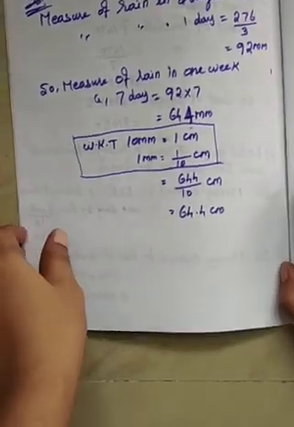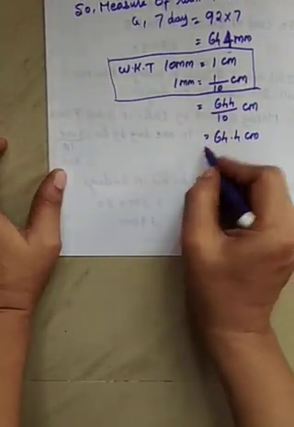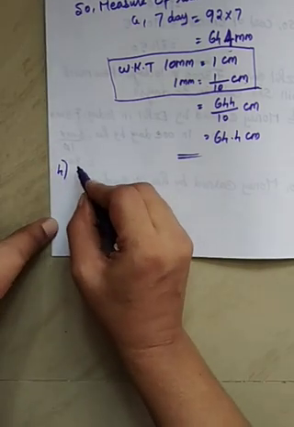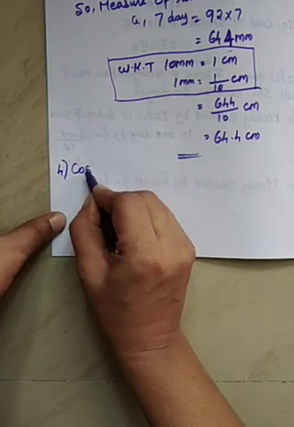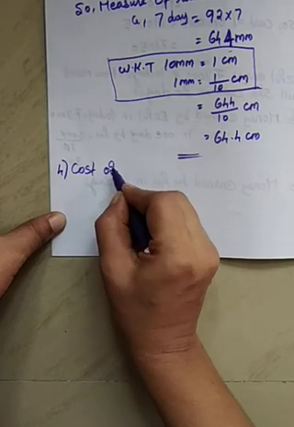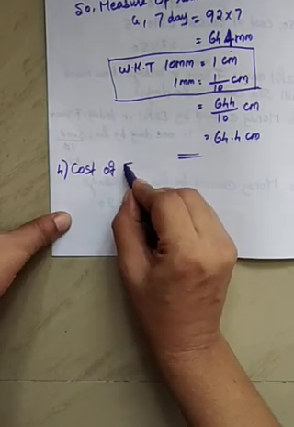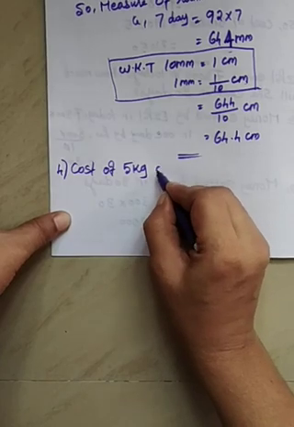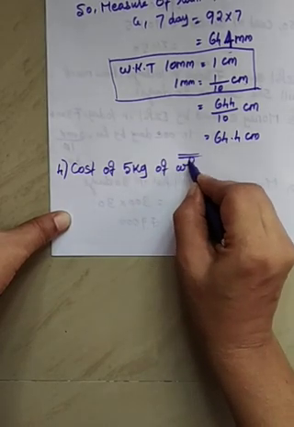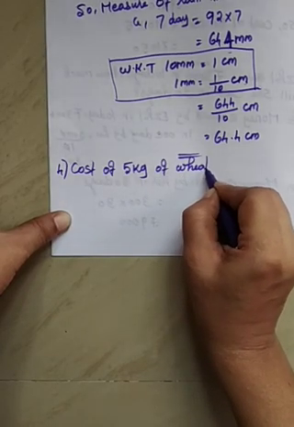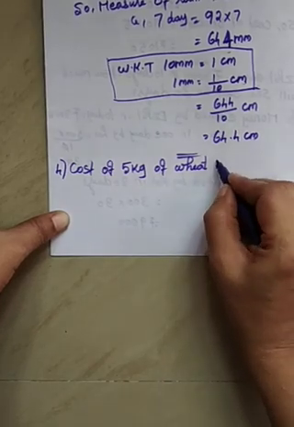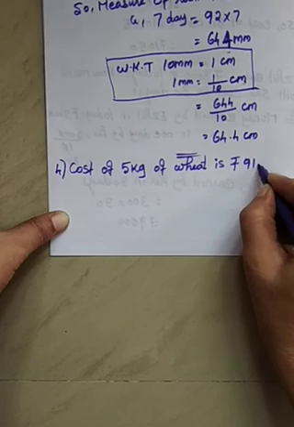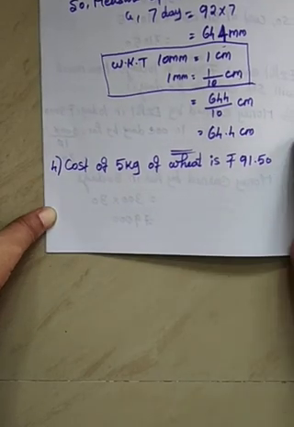See the next problem. Cost of 5 kilogram of wheat is rupees 91.50.